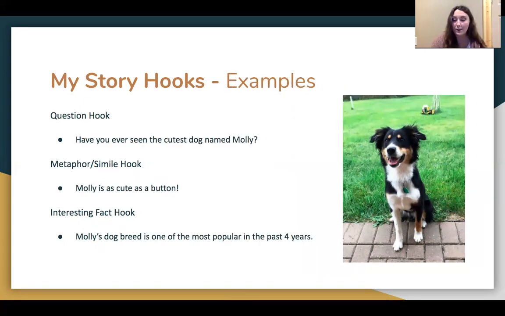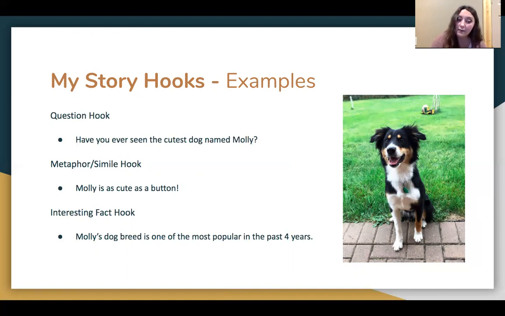So I'm sure you guys came up with some great ideas of hooks, but I'm going to go over some ideas that I have. For a question hook for my story, I could say, have you ever seen the cutest dog named Molly? For a metaphor or a simile hook, I could say, Molly is as cute as a button.